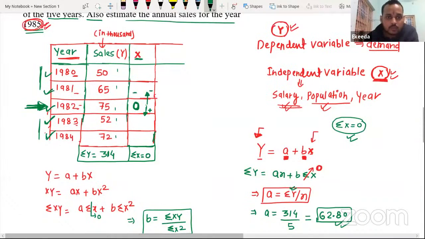So 1982 will be 0, the one above is -1, the one below is +1, then -2 and +2. So you can see the summation is 0. We have to maintain a uniform gap, the gap is 1. So summation x is 0. Now what we have to do is take xy.